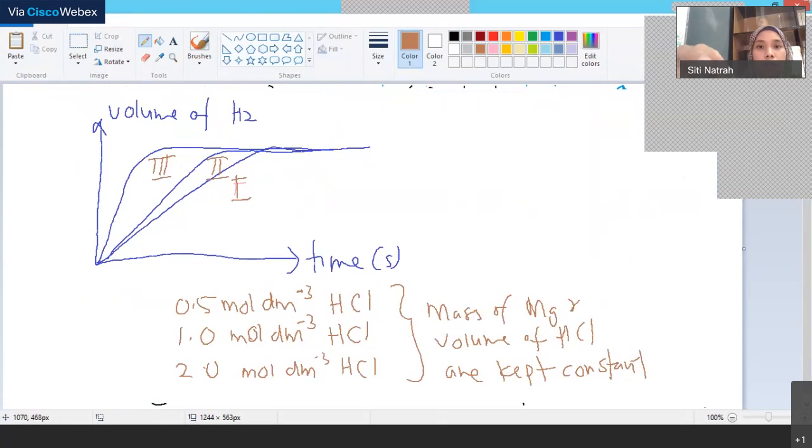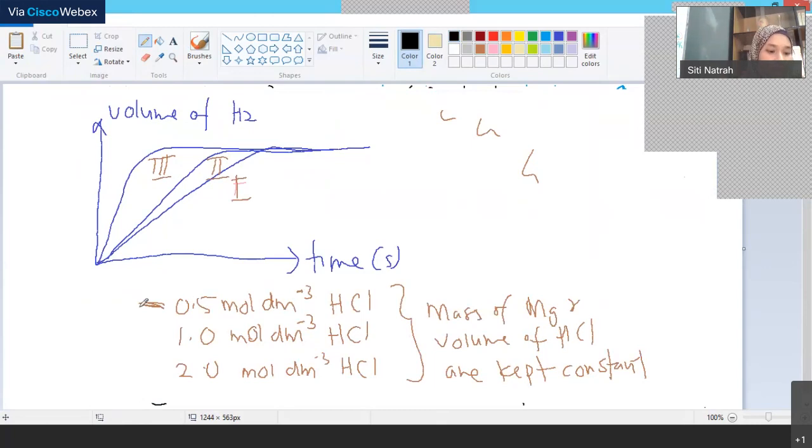Untuk graf ni, graf 1, graf 2 dan graf 3, yang mana merujuk pada nombor 1, 2 dan 3. Kamu ada 0.5. Adakah nombor 3, atau nombor 2 ataupun nombor 1. Kita bercakap 0.5 ni sebab dia paling rendah kan, betul tak? Okay.